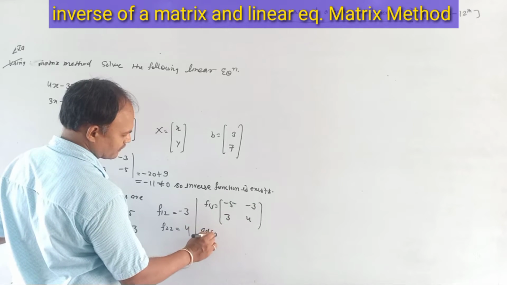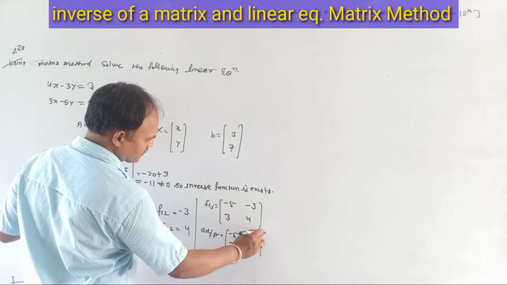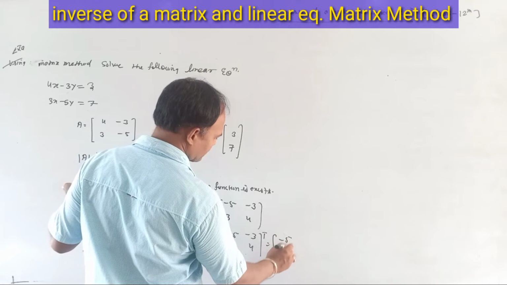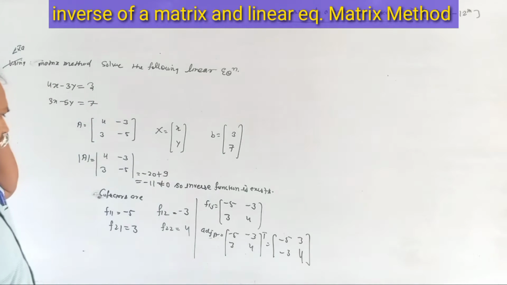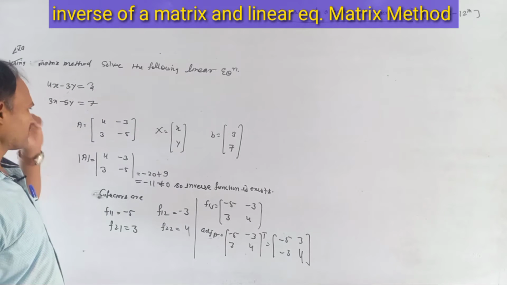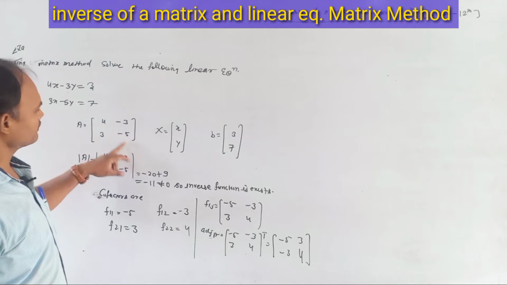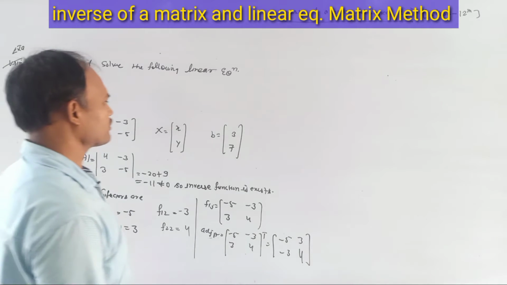So adjoint of A is minus 5, 3, minus 3, 4. Students, you can check also: the diagonal entries are swapped and the off-diagonal entries have the opposite sign. Okay, so this is the adjoint of A.